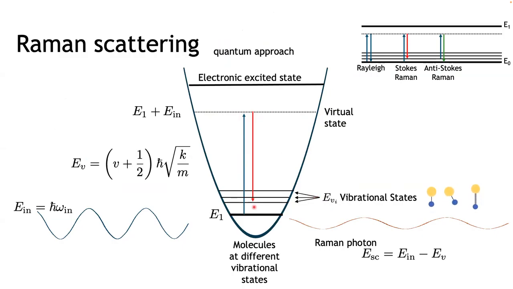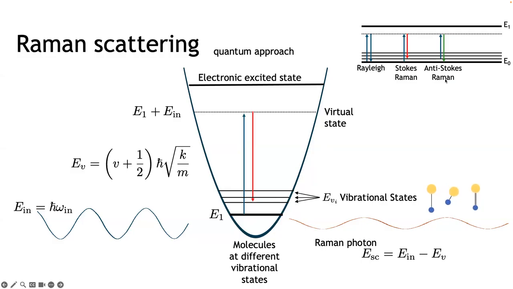This difference in energy is the difference that we want to measure. It's the difference of this vibration. And the case where we have a relaxation to a higher vibrational state, this is Stokes-Raman scattering. And then when we have a photon with a higher energy being scattered, this is the anti-Stokes.